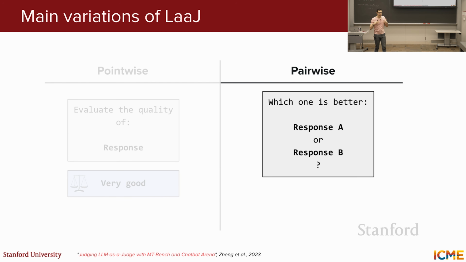The second big kind is the pairwise setup. You have two responses and ask whether response A or response B is better, and you obtain a response either that one or this one.